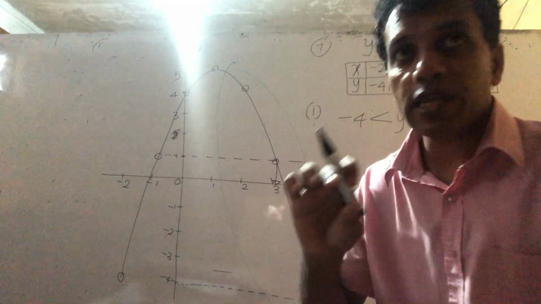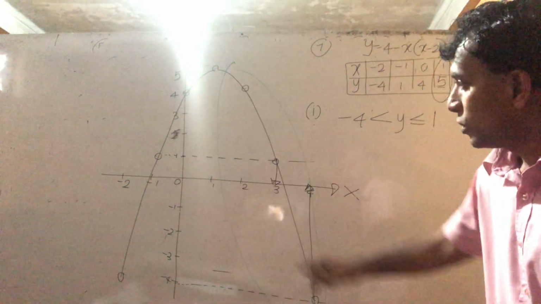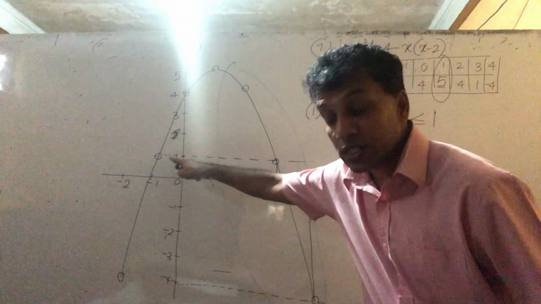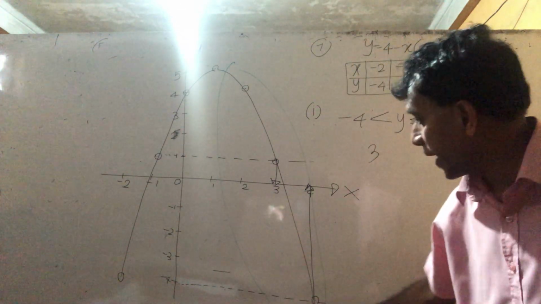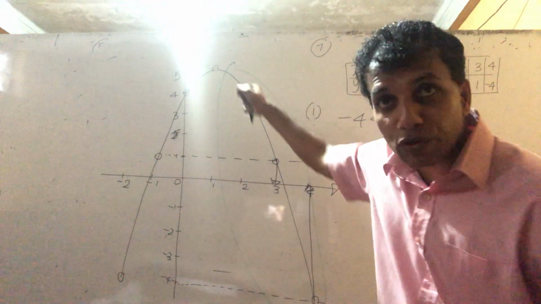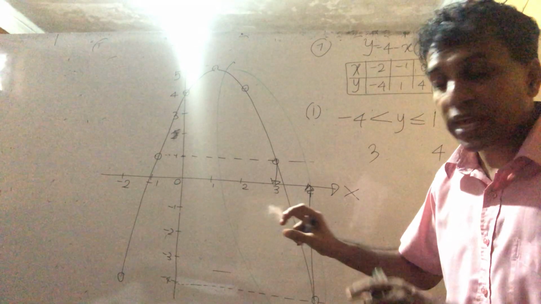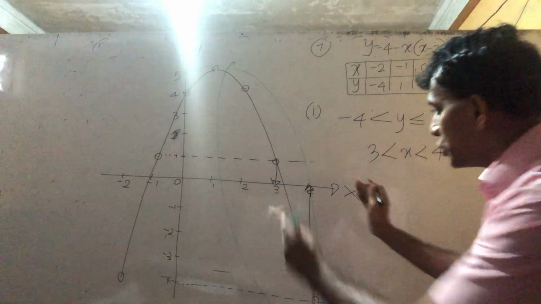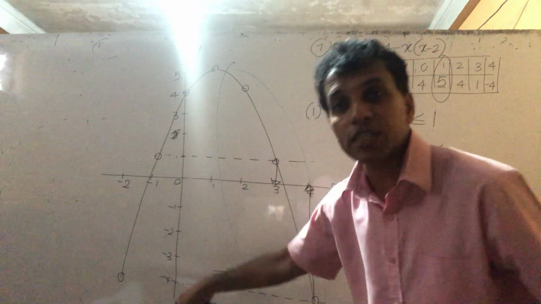When we write the inequality, give it in ascending order, small to large. When y is 1, x is 3, and when y is minus 4, x is 4. So the graph is decreasing in this boundary, and x ranges between 3 and 4 only, as y goes from plus 1 to minus 4.